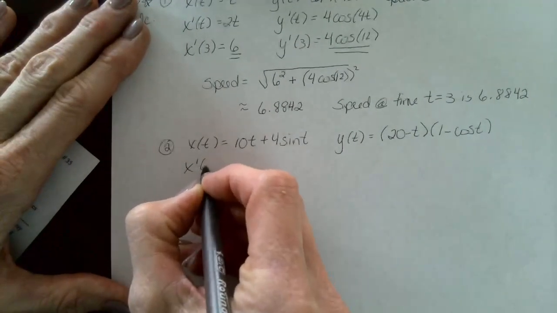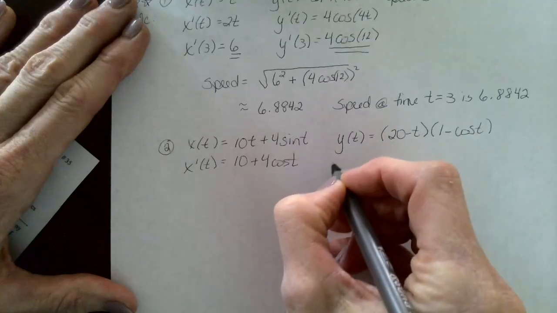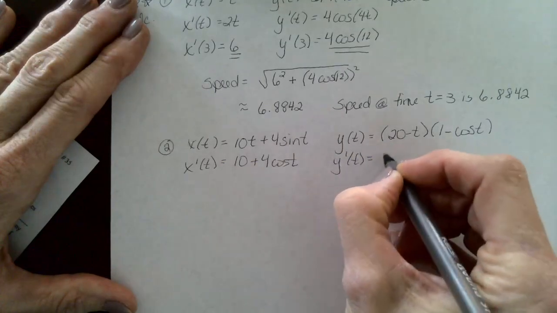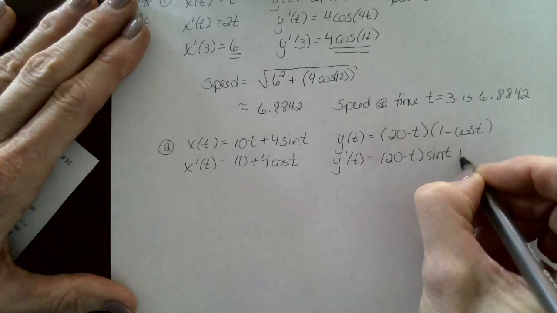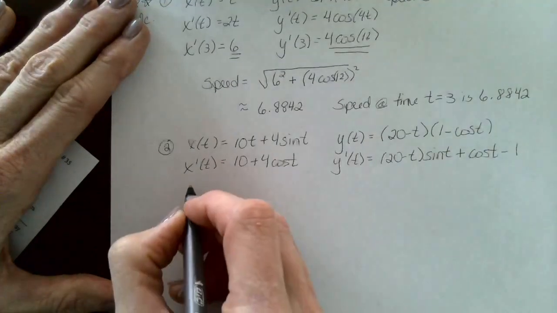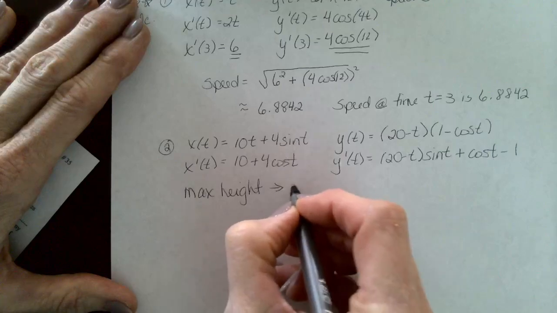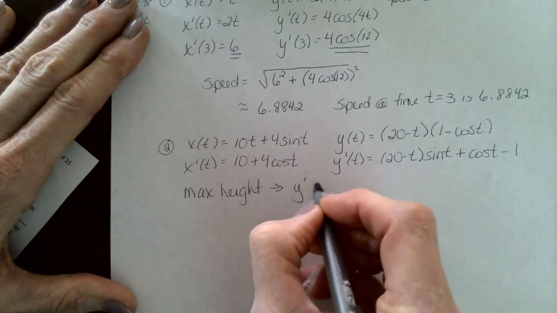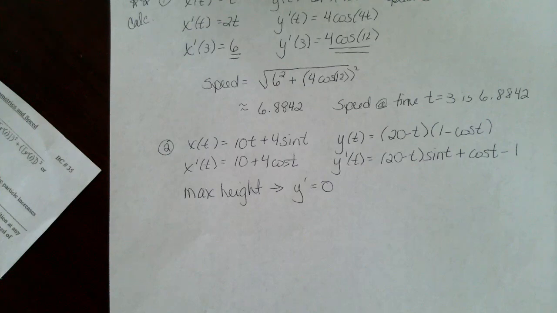I'm going to write down the x prime and y prime equations that they gave us. So at what time t did we find that t value?